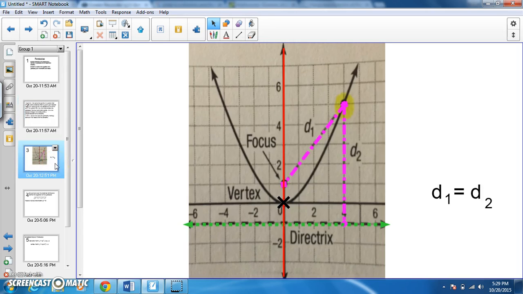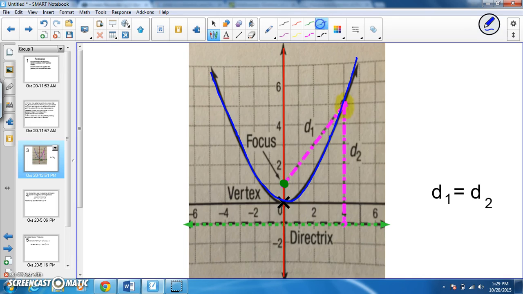So if we look at this graph here, we have a parabola, which I will outline now in blue. Our focus point is right there. And our directrix line is the green dotted line.